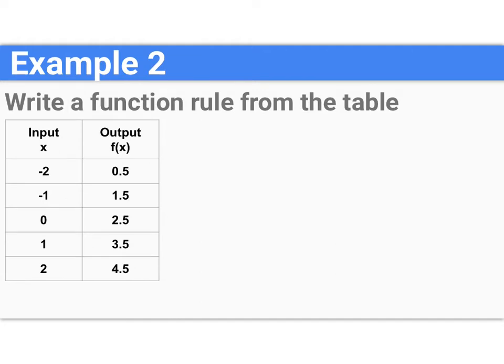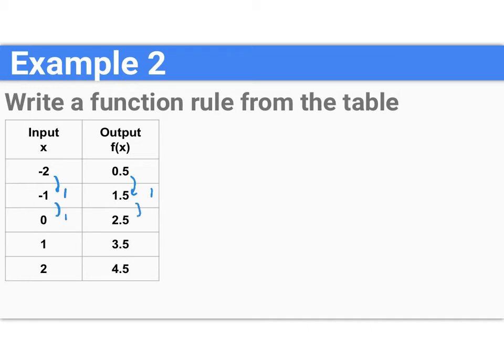Okay, so let's look at our second example. Write a function rule from the table. If we had to write a function rule from the table, what we need is the change. The change from here to here is 1, and the change from here to here is 1.